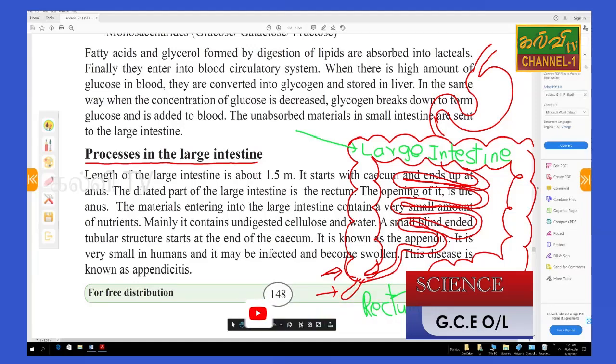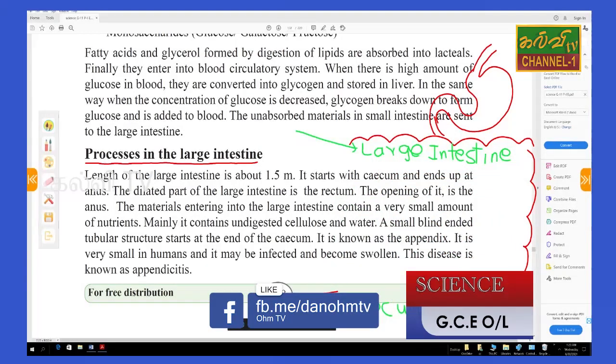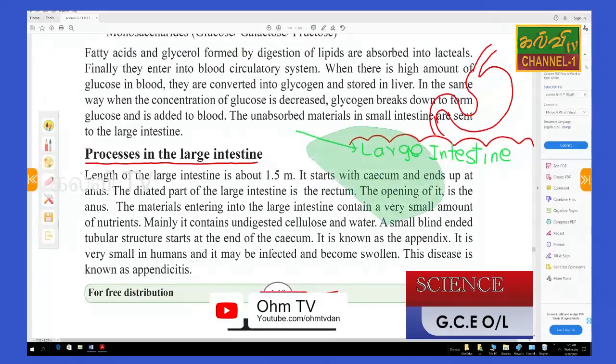Now you may understand what the large intestine is, and its functions.